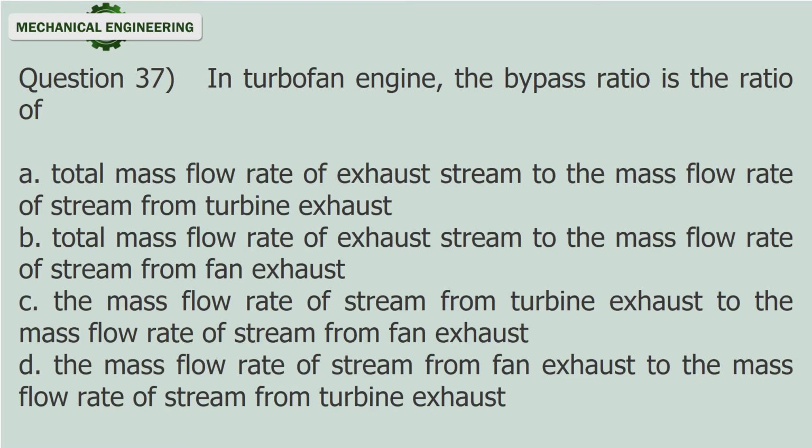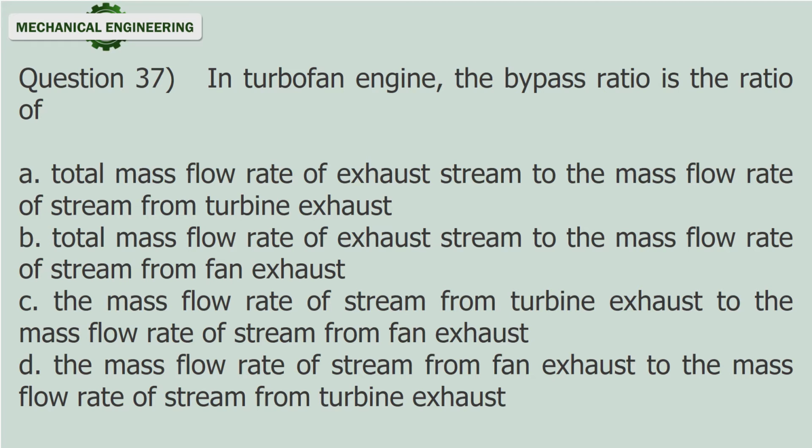Question 37. In turbofan engine, the bypass ratio is the ratio of A. Total mass flow rate of exhaust stream to the mass flow rate of stream from turbine exhaust. B. Total mass flow rate of exhaust stream to the mass flow rate of stream from fan exhaust. C. The mass flow rate of stream from turbine exhaust to the mass flow rate of stream from fan exhaust.